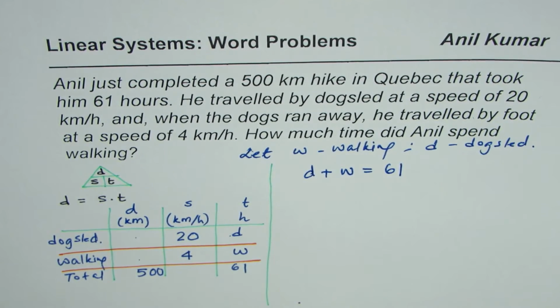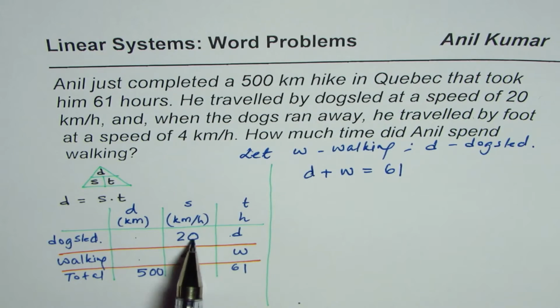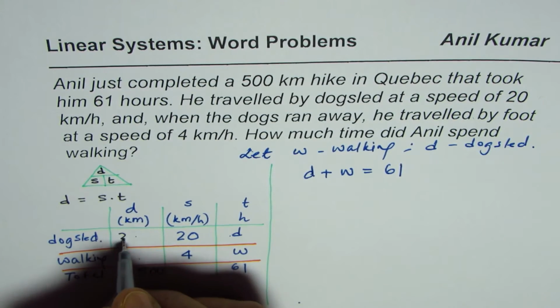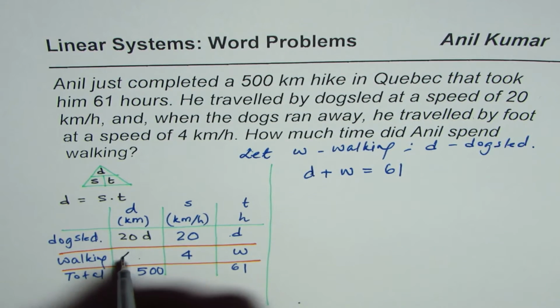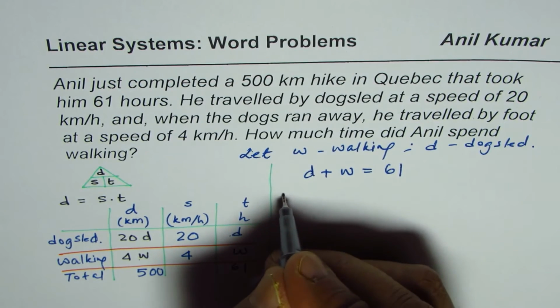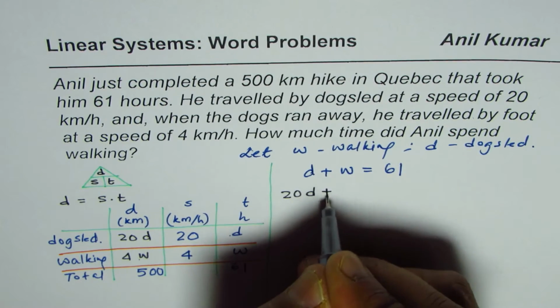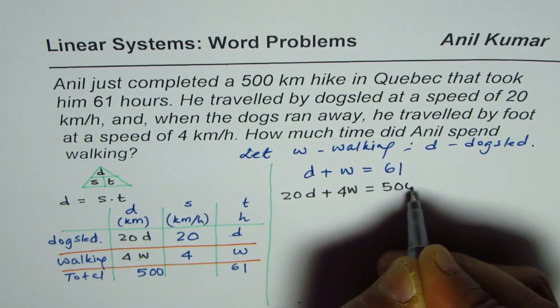Now distance, as you know, is the product of speed and time. So this distance is 20 times D, 20D, and this distance is 4 times W, 4W. When you add them up, you get 500. So we get 20D plus 4W equals 500.